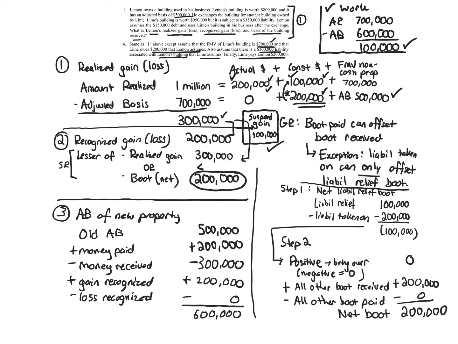You're not able to use this negative $100,000 to offset any other boot received. That's how the tax law rules are. You have to follow that. It's required. On the CPA exam, law school exams, whatever they are, that's how the law is. But one thing to note is that you can't use that negative $100,000; it translates to $0 when you bring it to step 2.